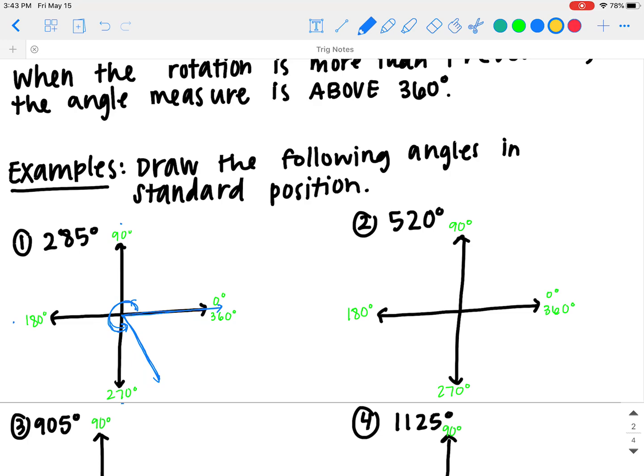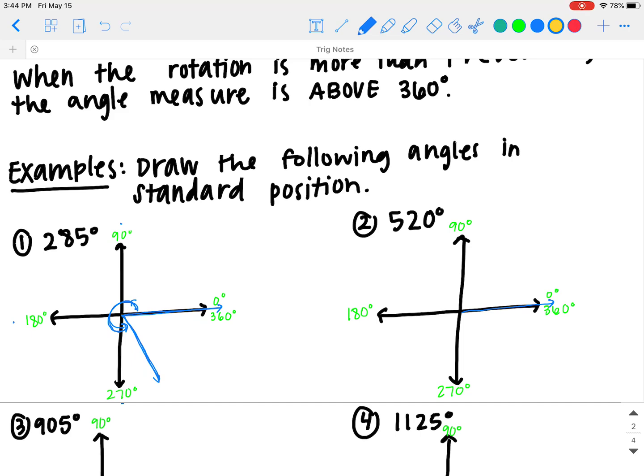Okay, if we have one like the next example, 520, that's bigger than 360. That tells us we are doing more than one spin around our grid, but we're still going to start right here. And in order to figure out where we end, we have to get this number in between 0 and 360 so we can see where it's supposed to stop. Because if we look at these green numbers here, it only goes between 0 and 360.